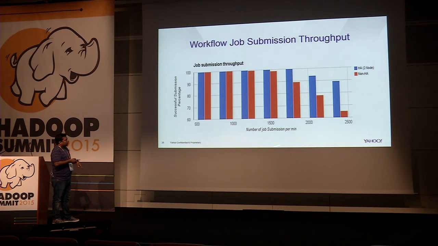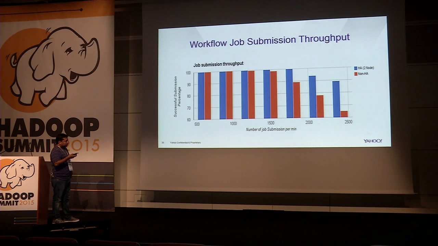But with 1,200, HA had 100% job submission, while non-HA was around 99.7%. With 1,500, HA was again 100%, while non-HA had some rejection, around 98% or 97%. With 1,800, HA was perfectly fine, but non-HA was around 89%.